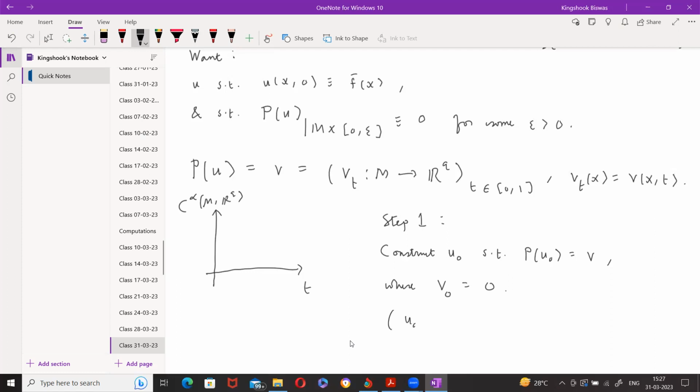So then what I get is a curve which starts at 0, and then it takes some values in this space of maps. At time t, this is my Vt. And V0 is 0.